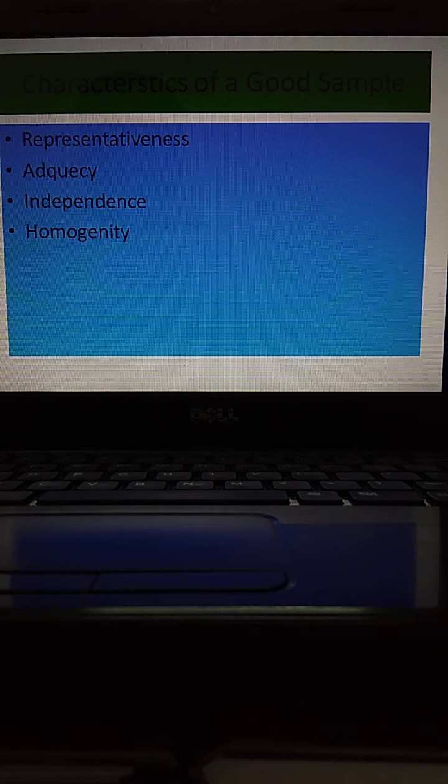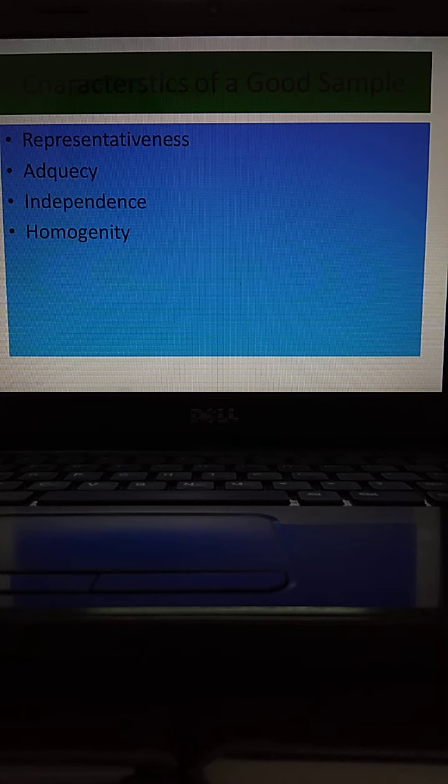Then how large should my sample be? Out of 1,000 students, if you understand the intelligence levels of only 5 students, and you make an assumption that all these 1,000 students are highly intelligent, will it be a good judgment? No.